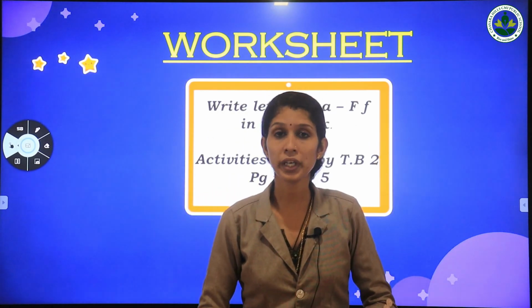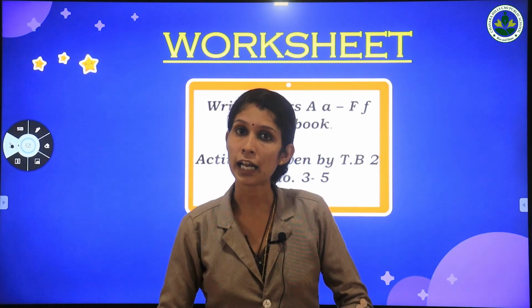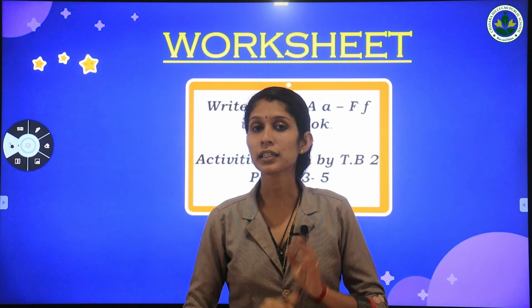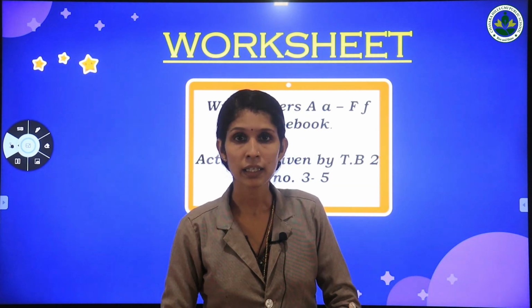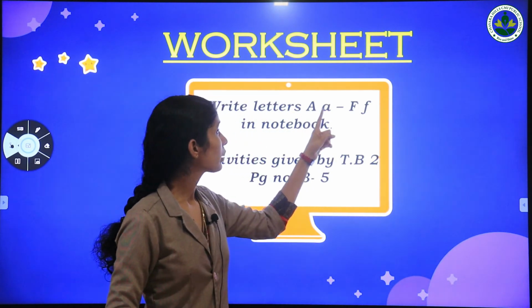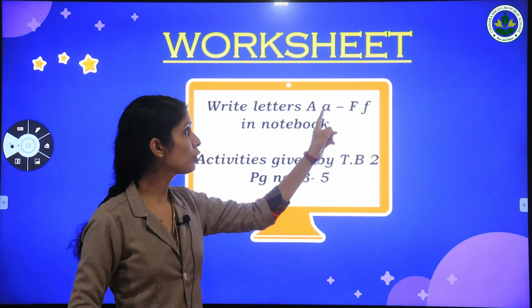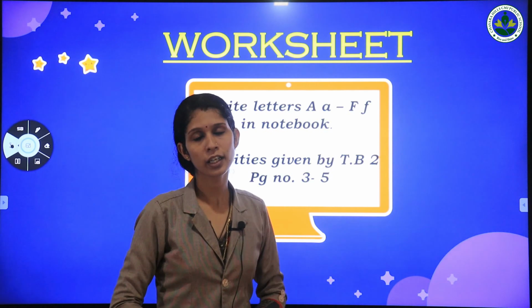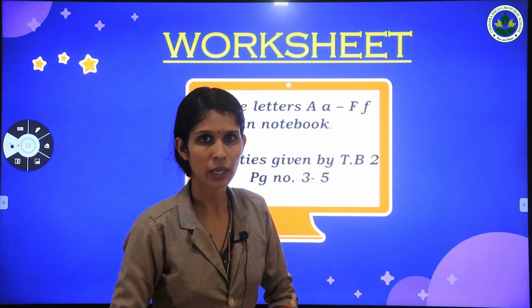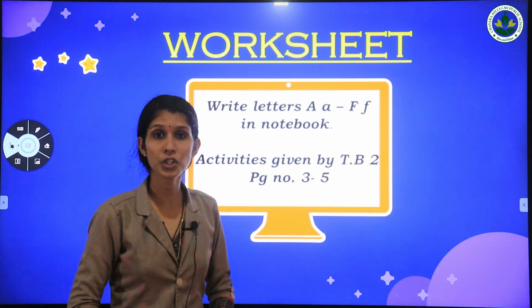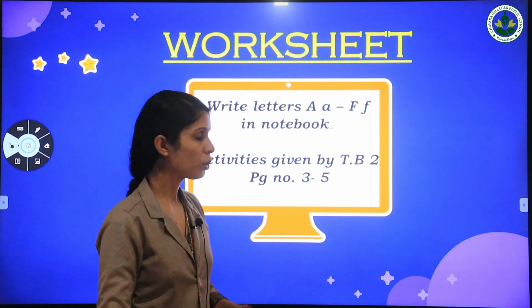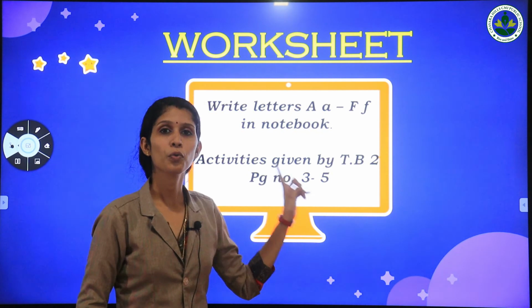So children, today we learned alphabet, isn't it? And we learned letter A to letter F. So all of you write capital letter A to capital letter F and small letter a to small letter f in your notebook. And also you have to do the activities given in your English textbook number 2, page number 3 to 5.